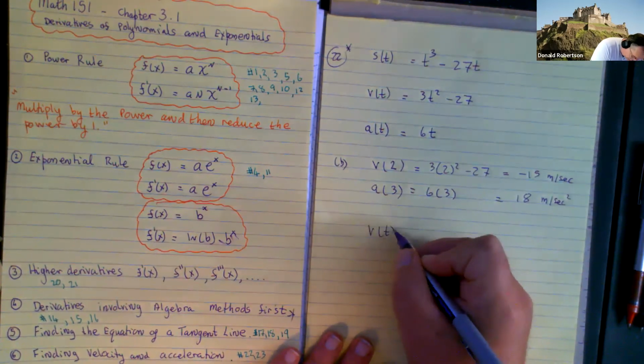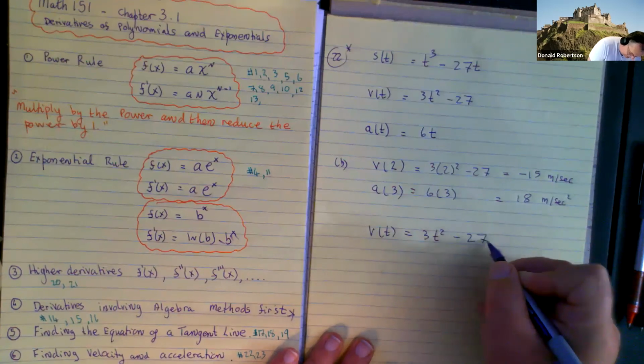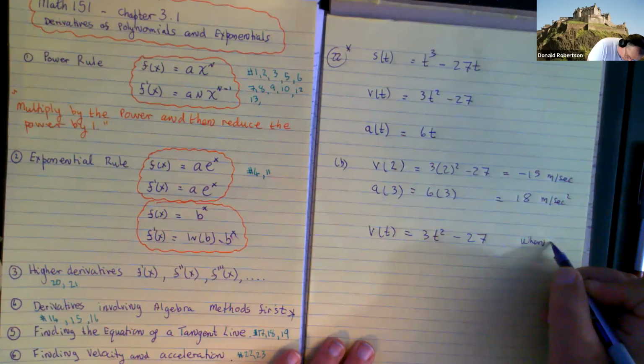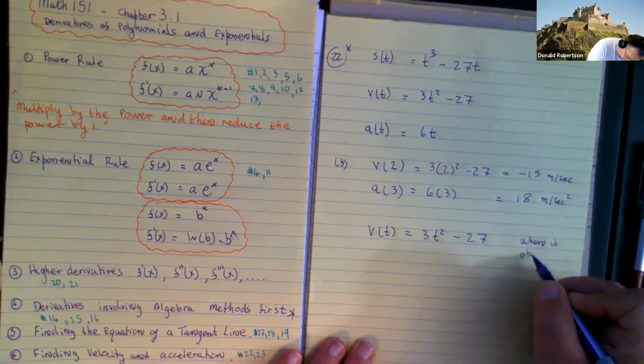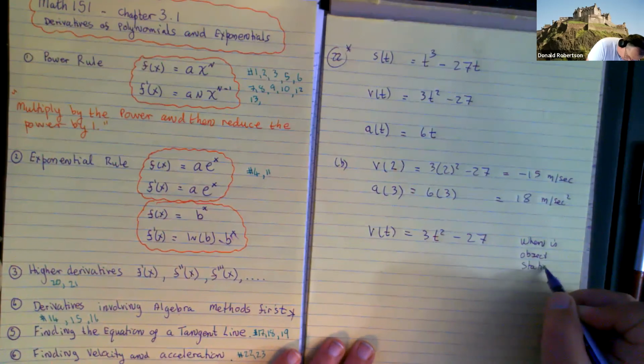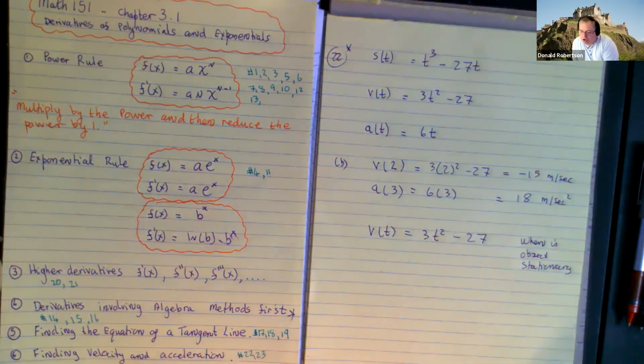I can even do things like this. Here is the velocity again, and I want to know when this object is stationary. So when is this object not even moving? Imagine it was a rock being thrown up into the air, right? Wouldn't there be a point where it would instantaneously look like it was not moving?